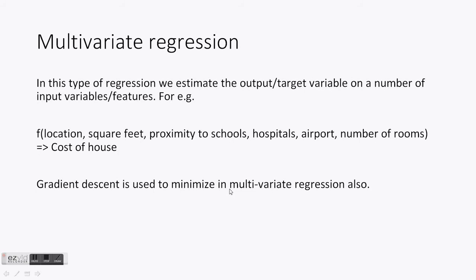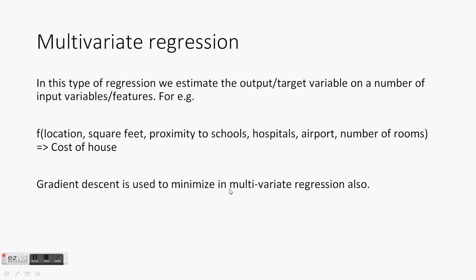So you need to look at the location of the property, how many square foot the house is, whether it's close to schools, hospitals, airports, the total number of rooms the house has, the number of bedrooms, etc. And all of this will somehow be related to the cost of the house.